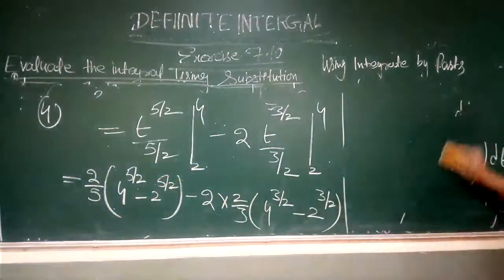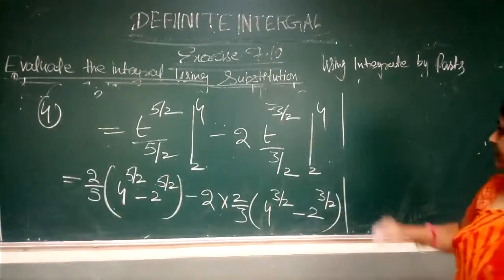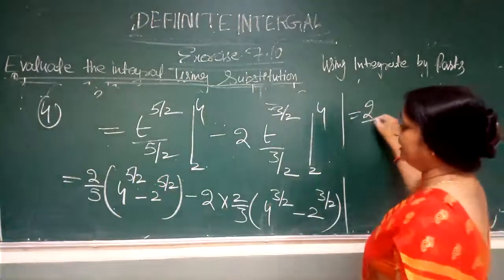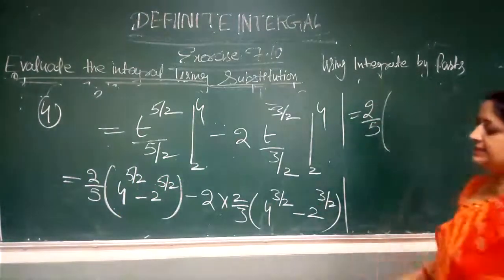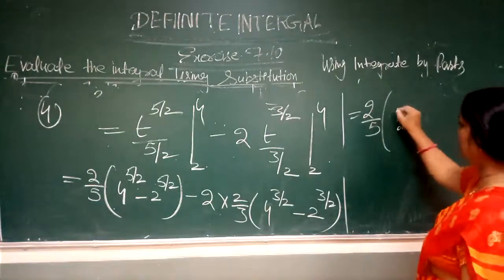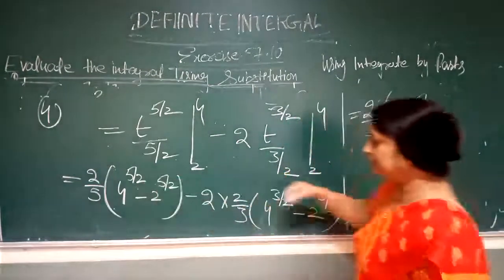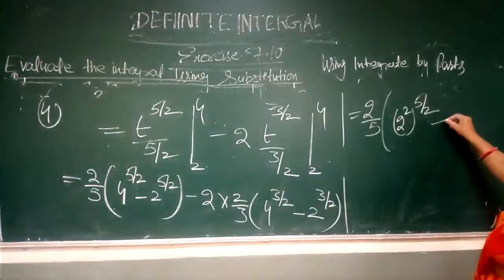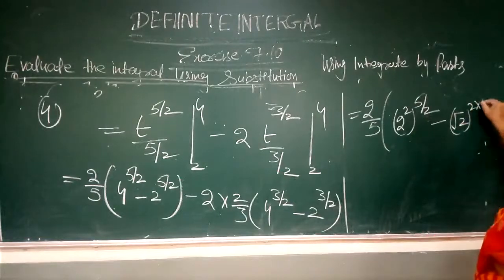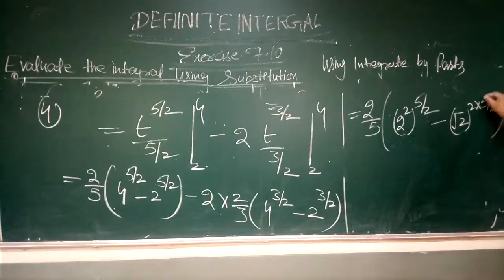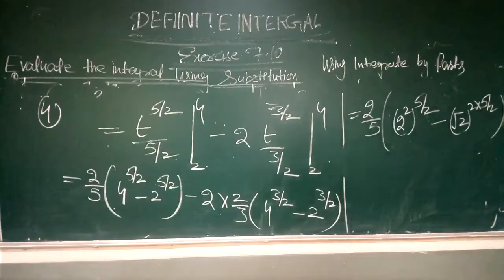After that we can write this term 2 by 5 here, and this 4 as 2 square into 5 by 2. This 4 as 2 square to the power 5 by 2, minus root 2 raised to power 2 into 5 by 2, because we can easily cancel the term after multiplying 2 into 5 by 2.